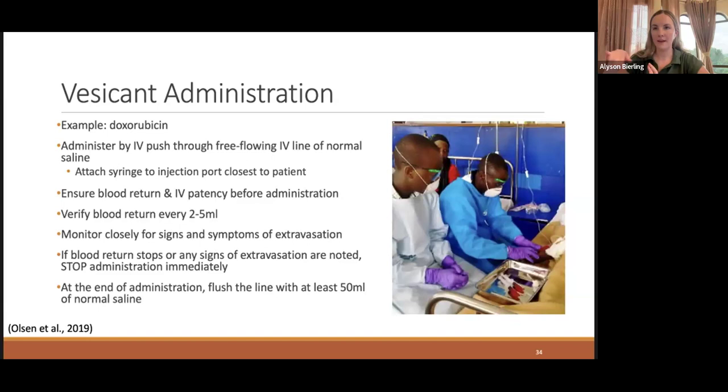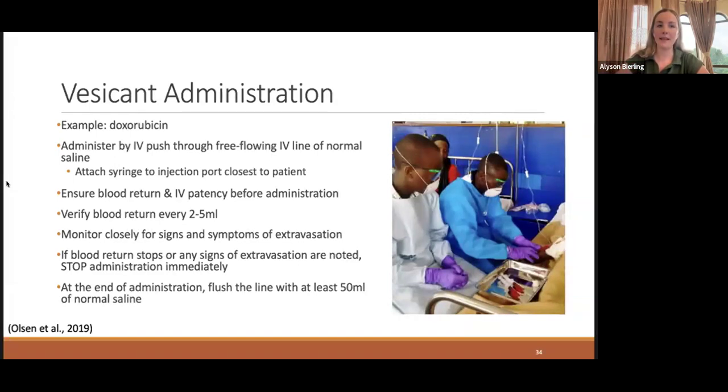We also want to make sure that the IV is free flowing, which tells us that likely the IV is patent. In addition to checking for blood return at the point of administration, we also should be verifying blood return every 2 to 5 mL to make sure that no dislodgement has happened and that the drug is still being administered into the vein.